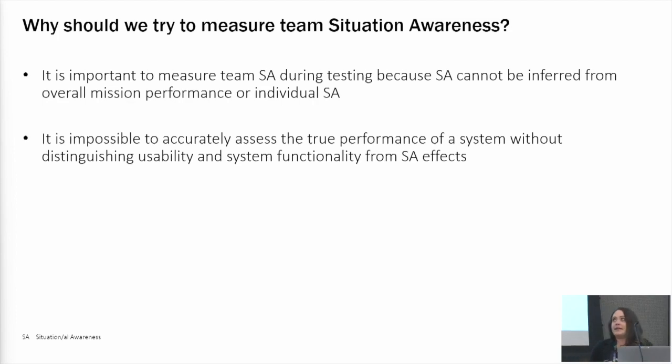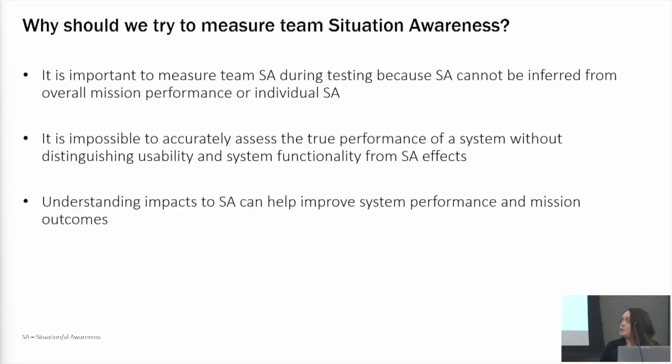We also can't assess true system performance if we are not able to distinguish between the effects of things like usability and system functionality on situation awareness, and how functional the system is in and of itself. And if we're not able to do either of those things, we can't make improvements to system performance or enhance situation awareness and ultimately enhance mission outcomes without measuring.